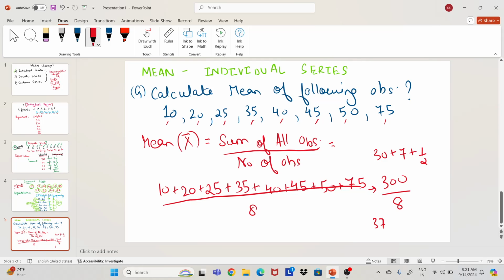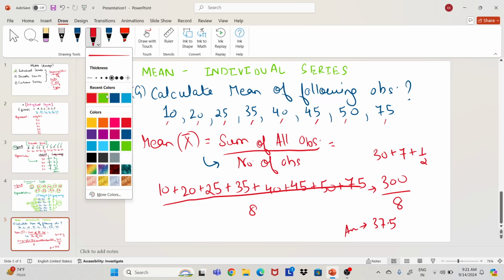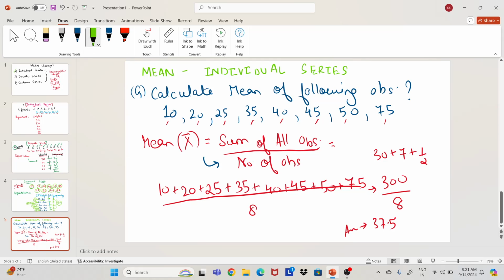So this comes out to be 37.5. This is the calculation of mean. This is the formula for mean: sum of all observations upon number of observations.